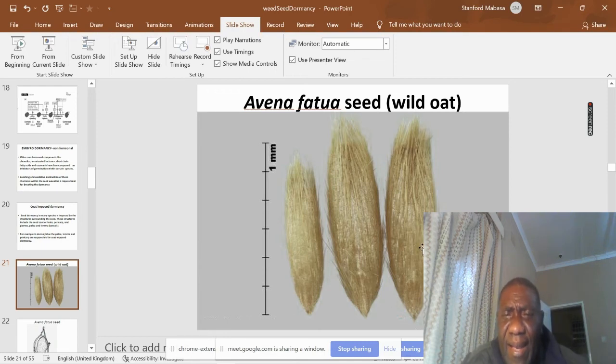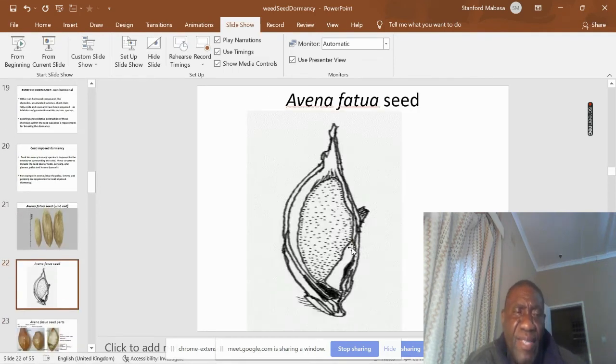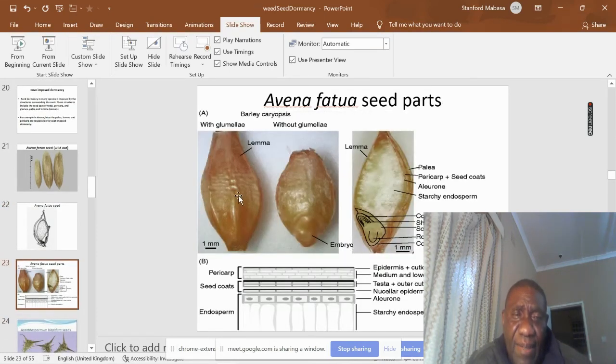You can see this is the seed of Avena fatua, wild oat, which is quite hairy. You can see it may be difficult for water to penetrate this seed, or even gases like oxygen, which are required for the germination process. It's just waterproof, you know. Here again, we have the seed of Avena fatua showing various parts.